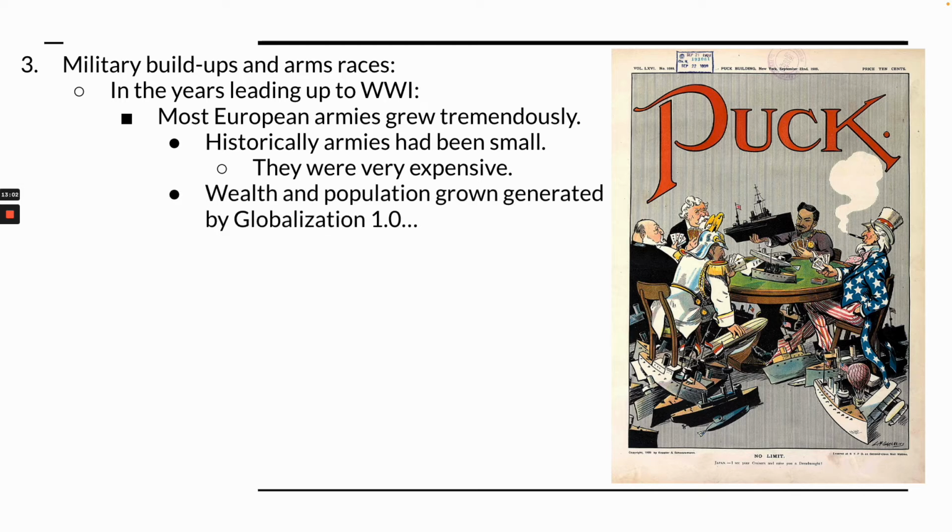But two things have happened. One, globalization 1.0 has made European states a lot wealthier. It has also, as we've seen, helped their populations grow. And when you have more people and more money, you can have larger armies. There are more people able to serve, and there's more money to pay their salaries.